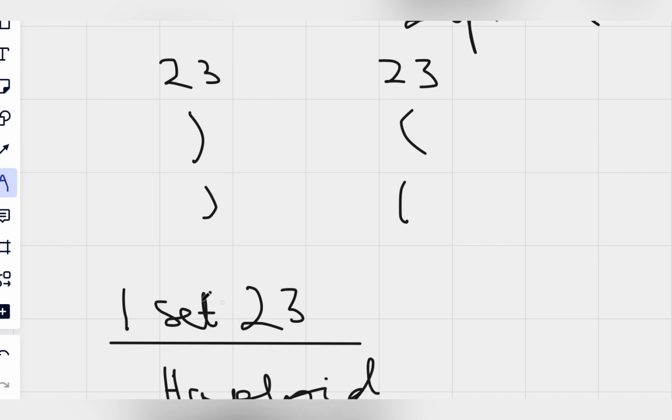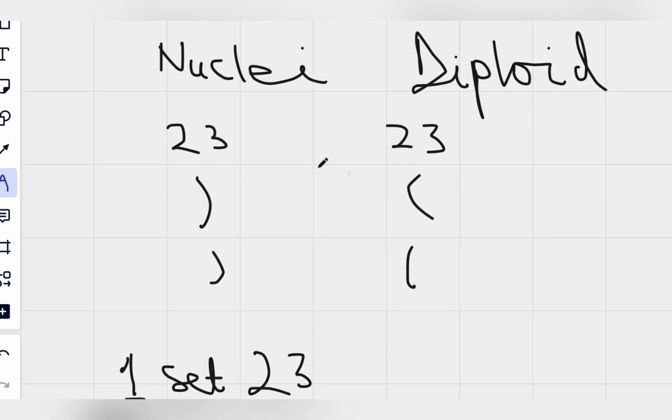Only one set that has not paired up is called haploid, while the one that has two sets of chromosomes is called diploid. The one with two sets is called diploid. The one with one set is called haploid.